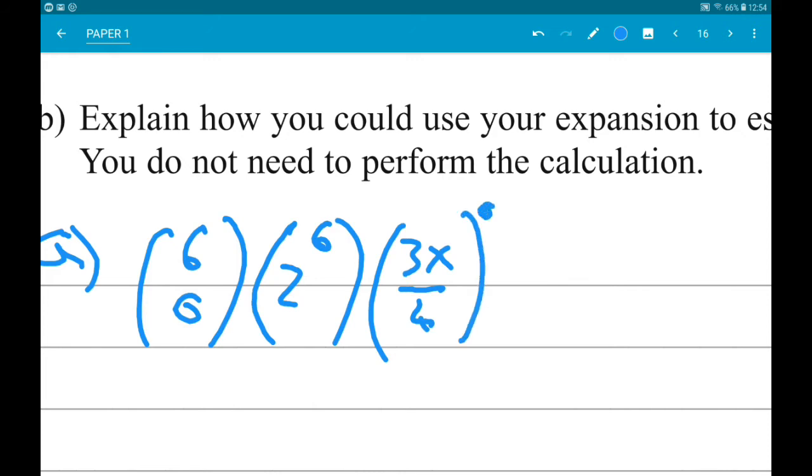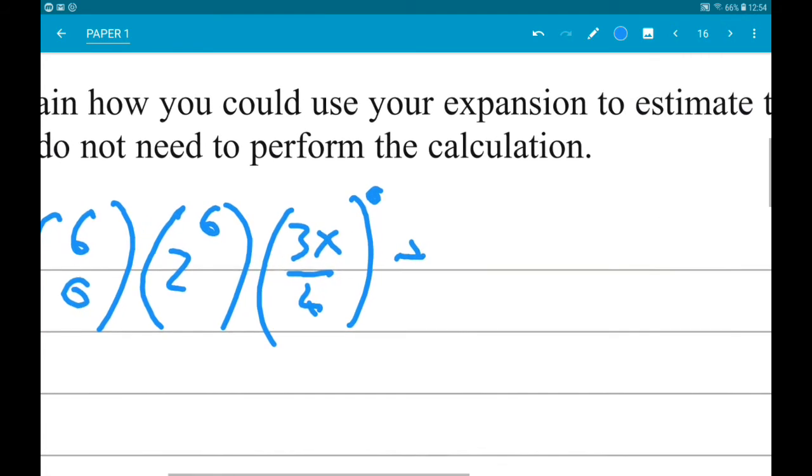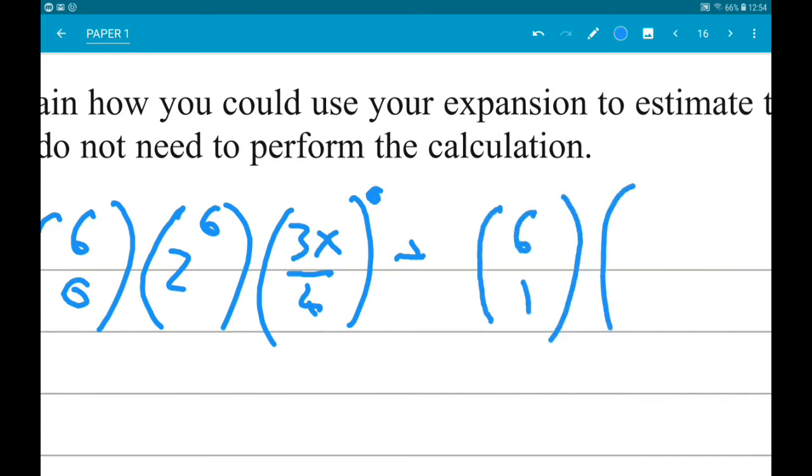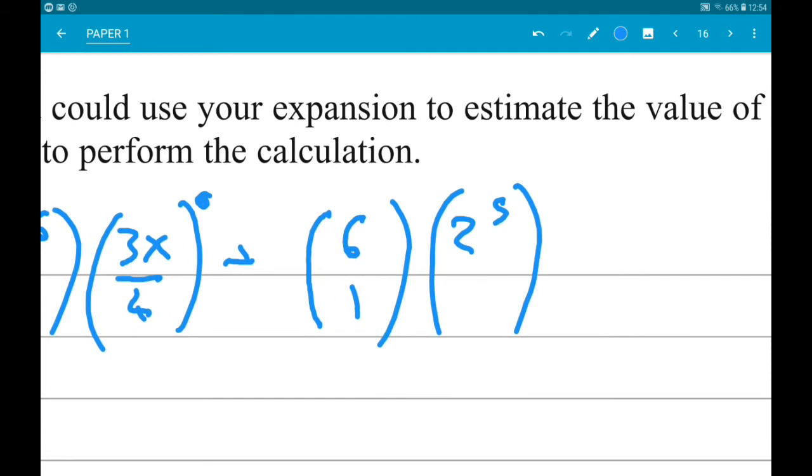Then the next is 6 choose 1 times 2 to the power 5 times (3/4 x) to the power 1.